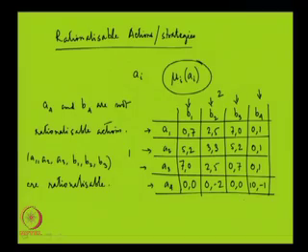Why A4 is not rationalizable is that this depends on the fact that B4 is not rationalizable. A4 by player 1 can be played, it is not that A4 cannot be played. A4 can be played if player 2 plays B4. You see, if B4 is played, A4 is the best response for player 1.